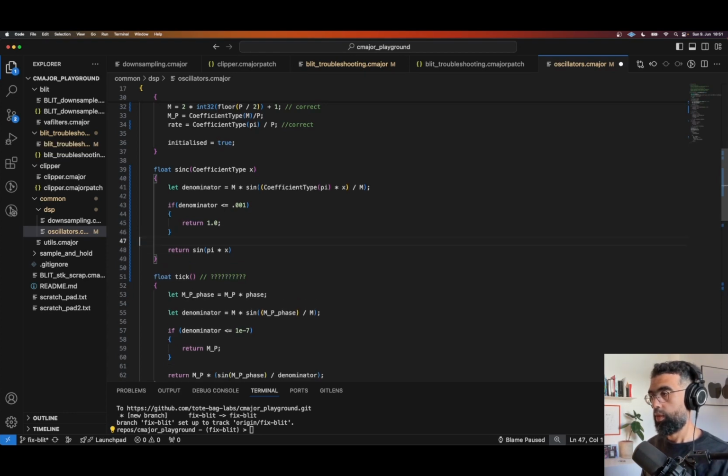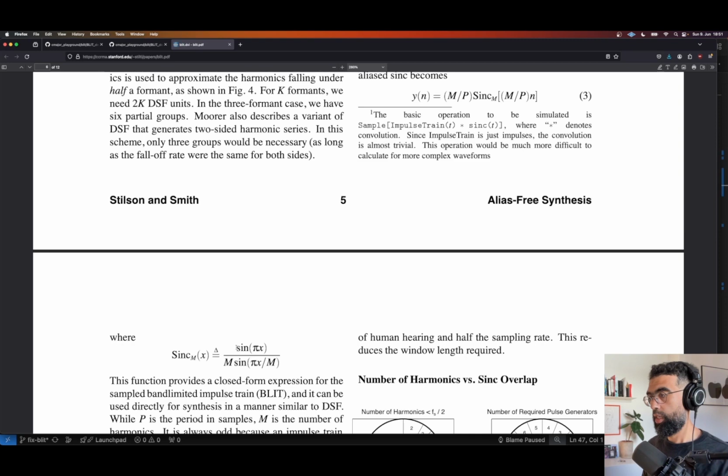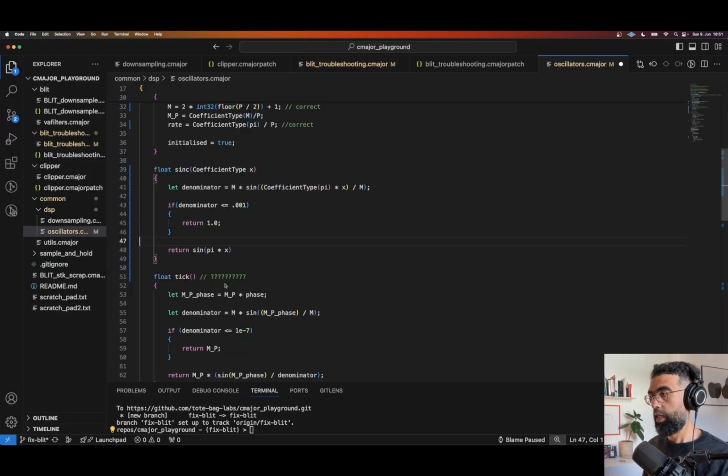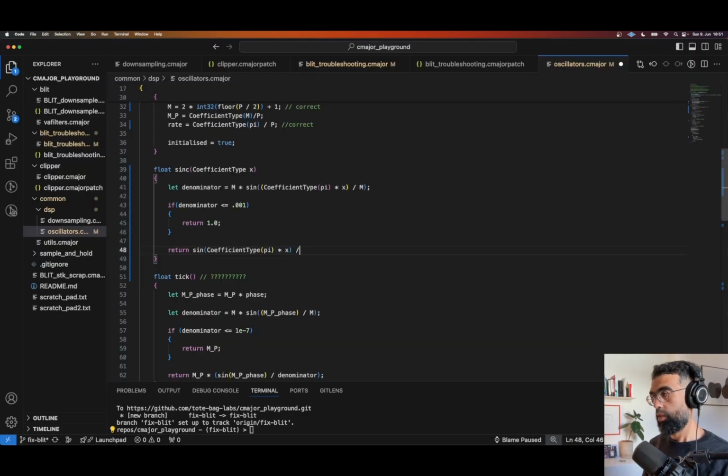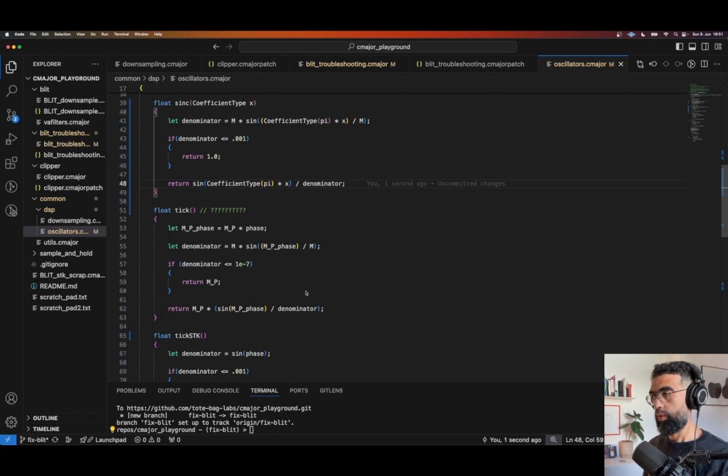And then we are going to return sine times pi x divided by denominator. Okay, cool.